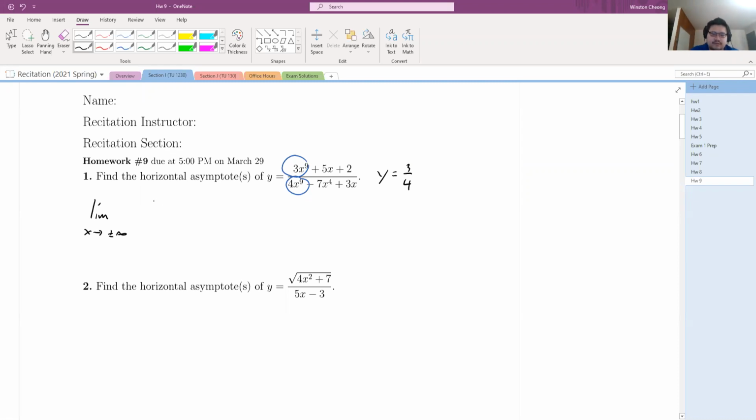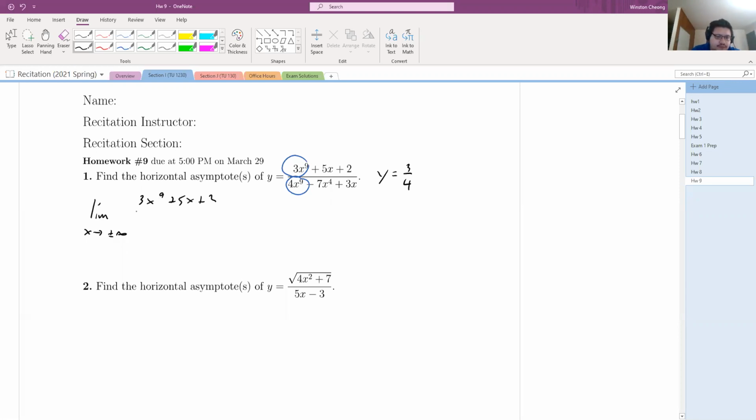It makes no difference. There's one case in which it will make a difference, but in that case it doesn't even have a horizontal asymptote. So the whole thing goes to plus or minus infinity. And then you just copy things down.